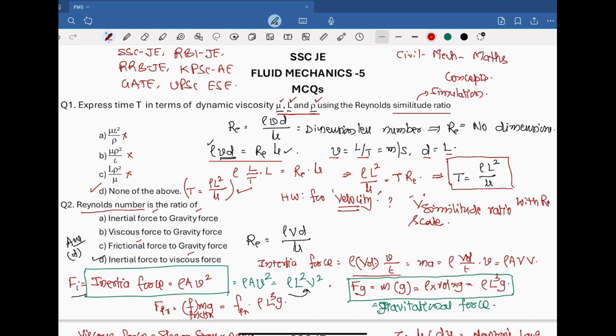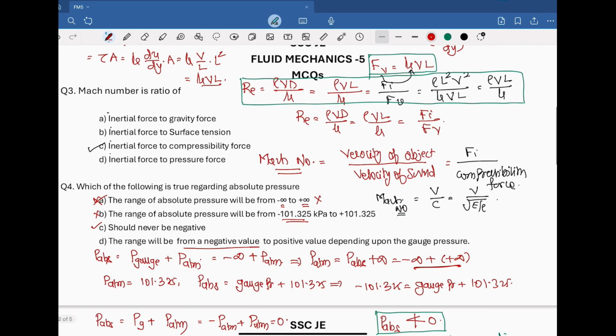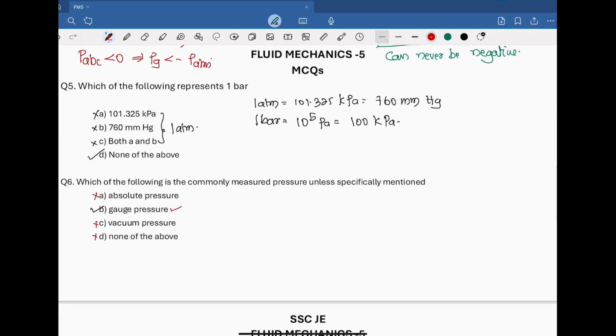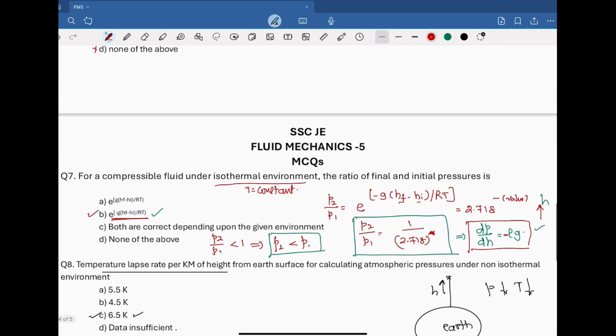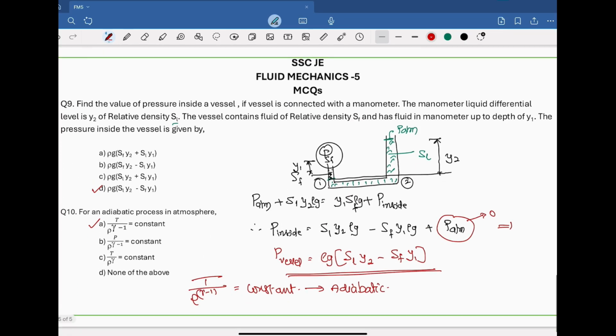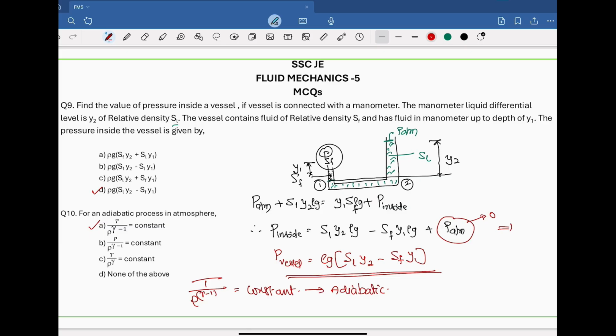And you see here we have seen similitude ratios, Reynolds number, various force ratios, and also Mach number, and also absolute pressure, gauge pressure, and also what is 1 bar, then also what the usual instruments measure, gauge pressure, and also for compressible fluids and incompressible fluids we have discussed, and temperature lapse rate also we have discussed, and manometer, when a manometer question is given, how to calculate the pressure in a manometer, and also for an adiabatic process in atmosphere, what is the law which is going to govern: temperature by rho to the power of gamma minus 1 is equal to constant in an adiabatic process.